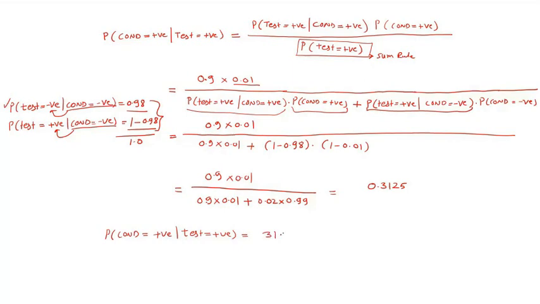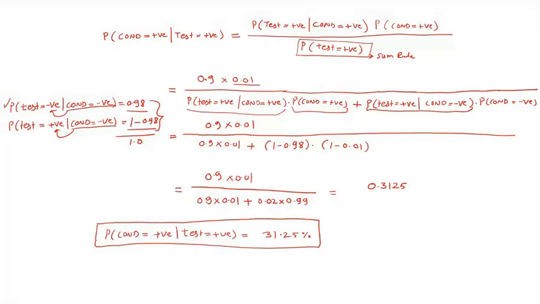It is 31.25% only. You got my point? If the instrument is saying that you have cancer, then there is a chance of only 31.25% that you really have the cancer. Okay, it's a very poor instrument that way.